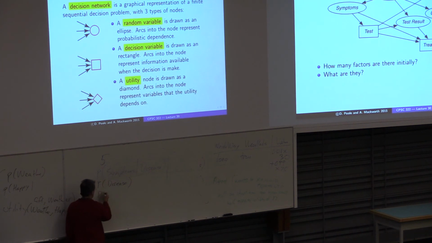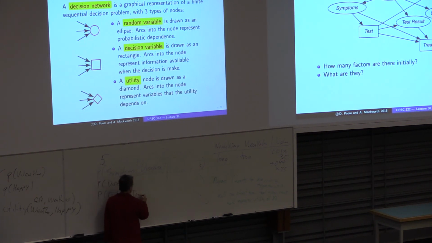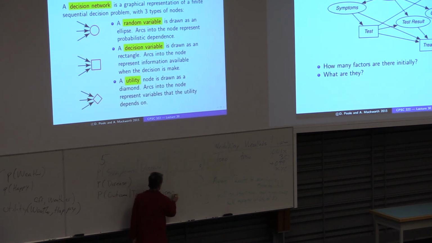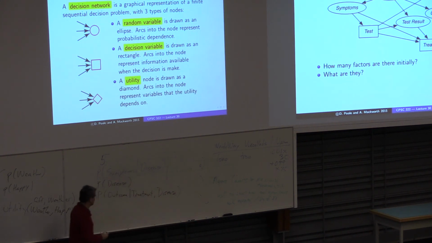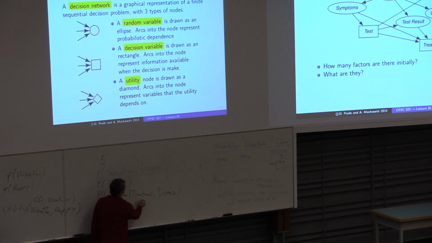So I heard outcome. What does it depend on? I can't hear it. My neck hurts too much, I can't see it. You have to tell me. Given treatment and disease. And what else is there? Probably a test result, given test and disease.